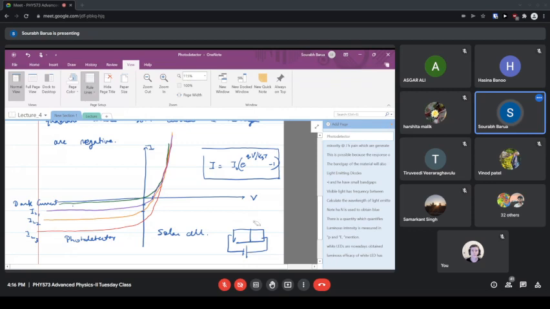So what this curve is, it is at a fixed voltage. So see, the voltage is 20 volts.